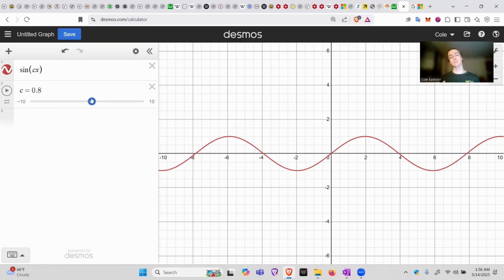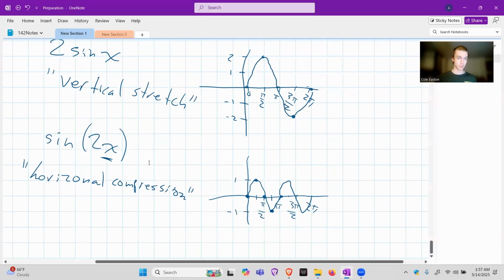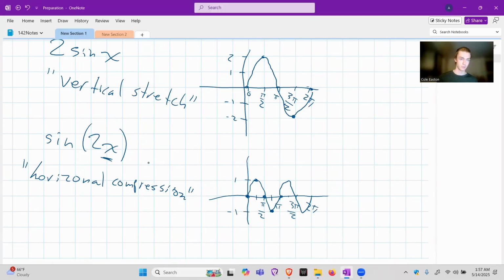And similarly, like before, when we had that C out in front, if we made that C less than 1, that would become a vertical compression, because it's getting less tall. And so maybe I should distinguish that. So this is our C value here.